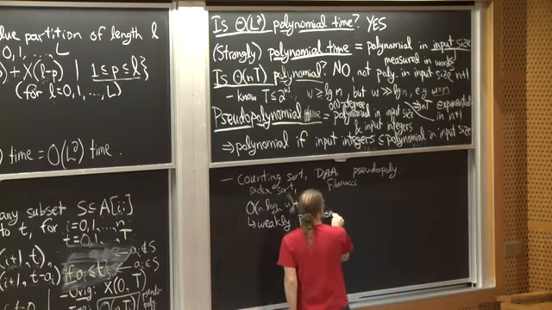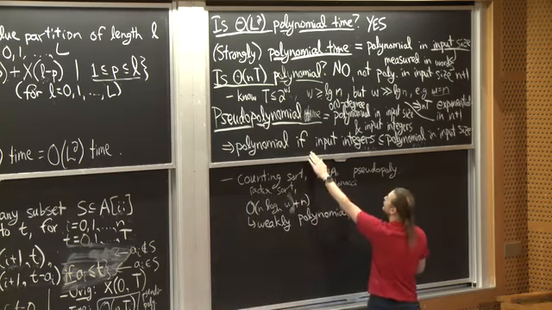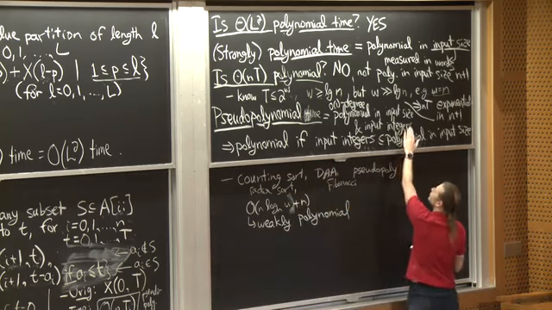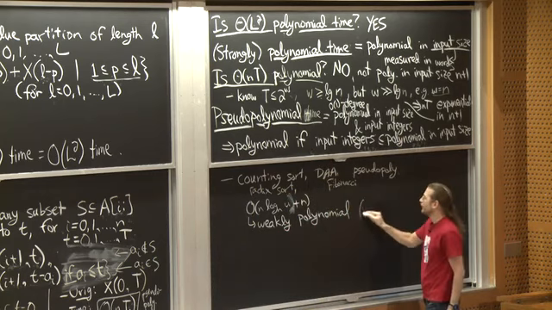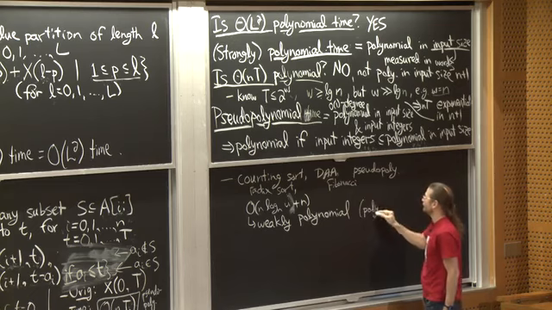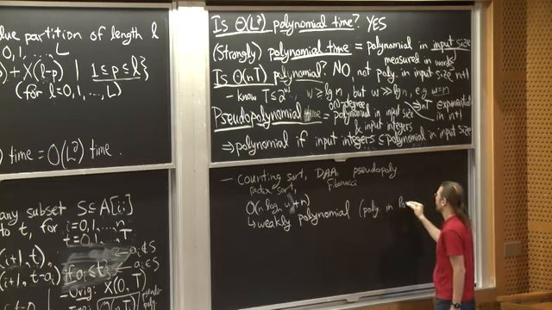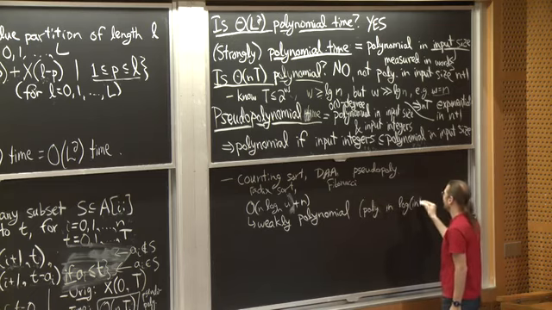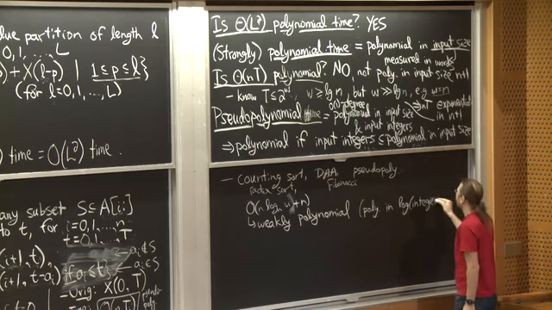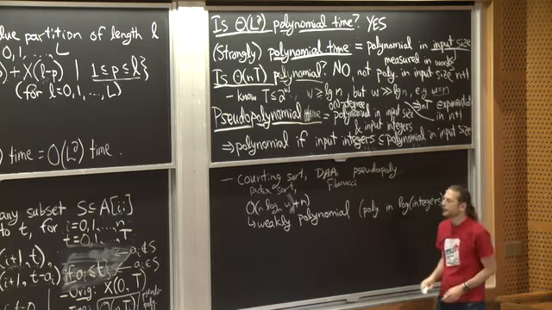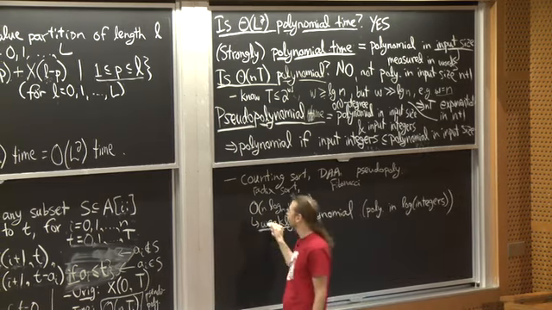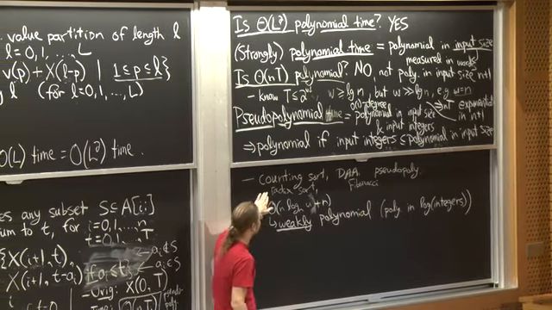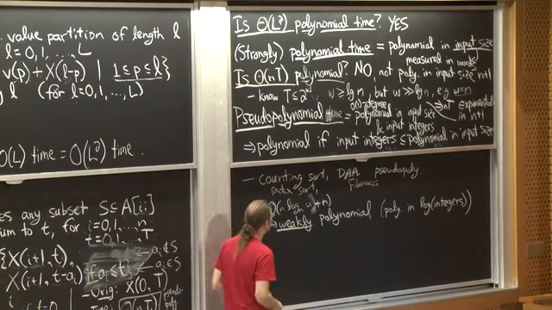But weakly polynomial is just like pseudo-polynomial, but instead of being polynomial in the input size and the input integers, you're polynomial in the log of the integers. So this is better. And it's almost as good as polynomial, as strongly polynomial. We won't really use this notion. The only place it appears in this class is in radix sort, but future classes you might care about.